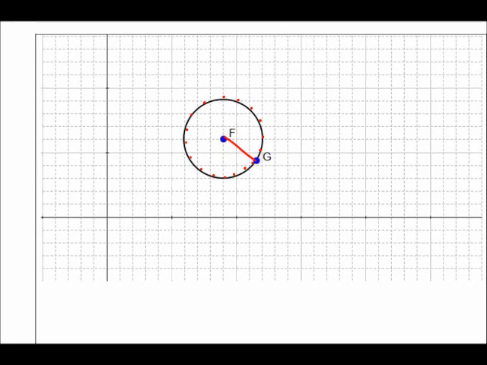So I'm going to sketch in, that's my radius. No matter what point you choose on the circle, the radius is always going to be equal to, we'll call it generic r in this case. The radius is just a distance. So really, you're just calculating a distance from a center point to any point on the circle.